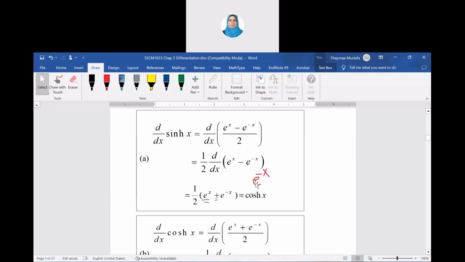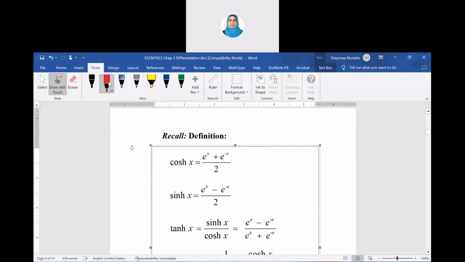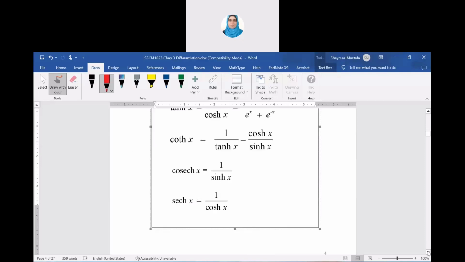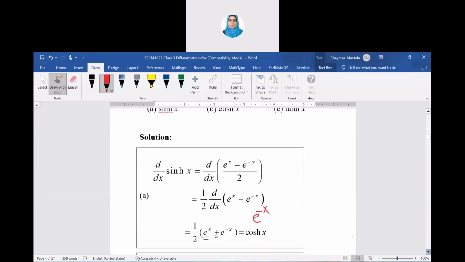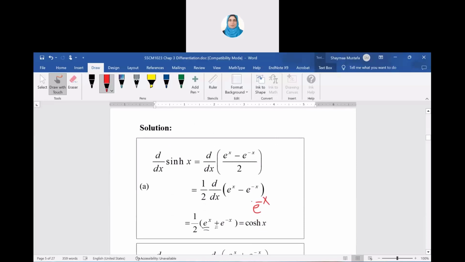So the derivative of exponential u is the same, exponential u, which is exponential of minus x. I have to multiply by the derivative for minus x. Now the derivative for minus x is minus 1.